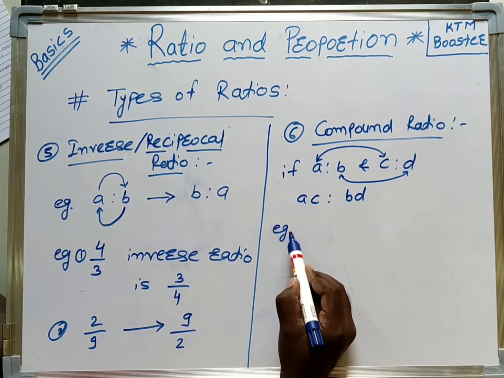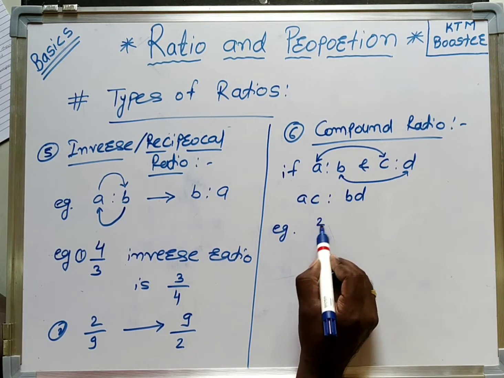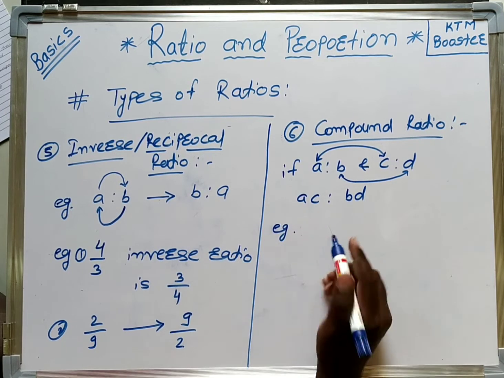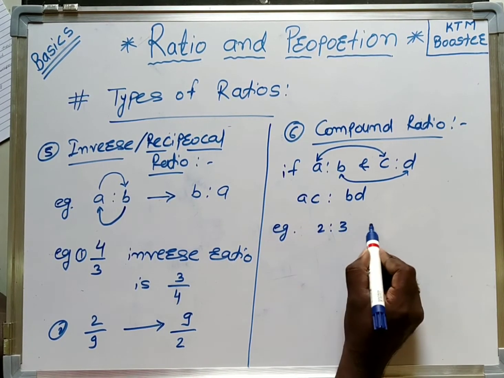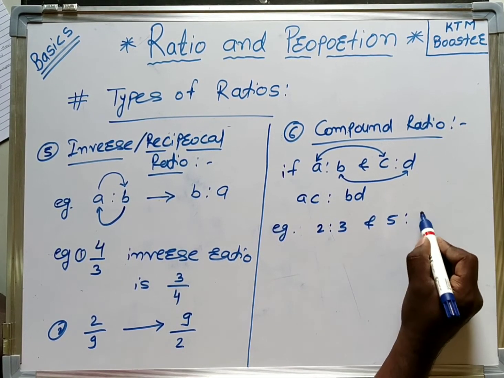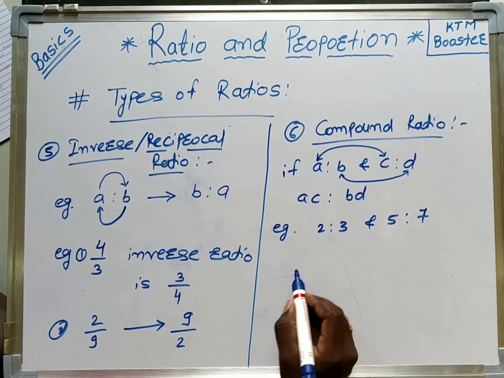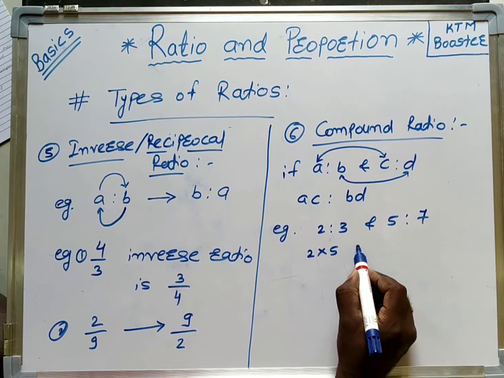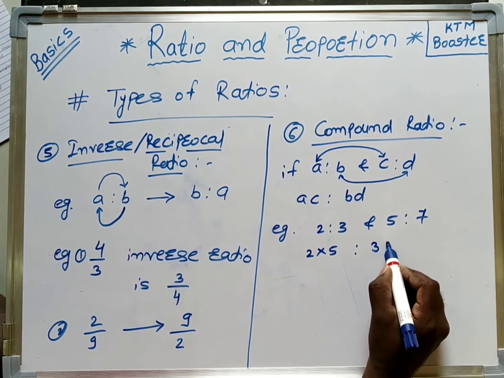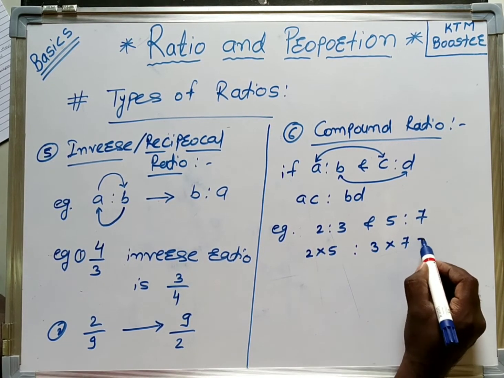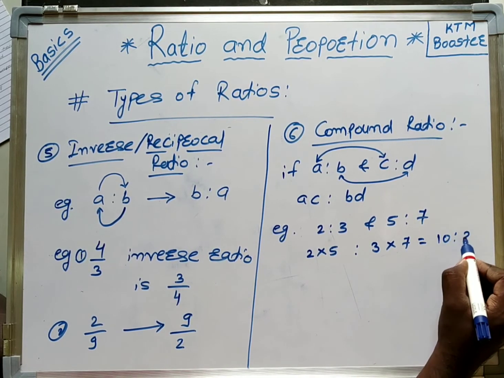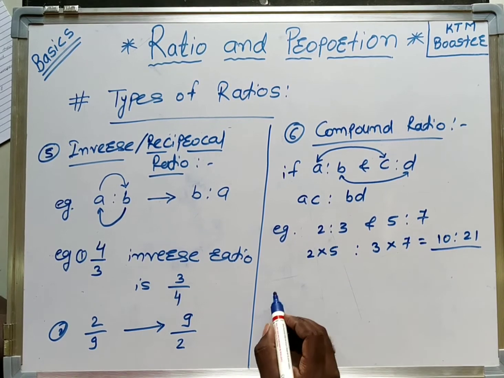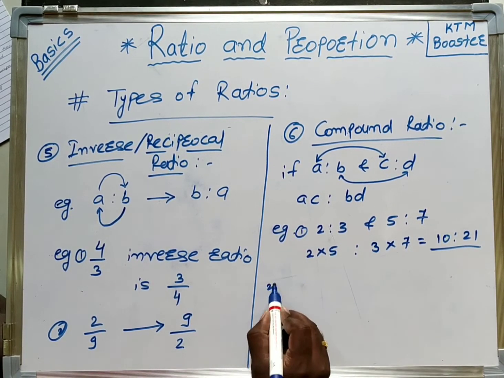For example, if we take 2 is to 3 and 5 is to 7, then the compound ratio will be 2 into 5 is to 3 into 7, that is 10 is to 21, the compound ratio of 2 is to 3 and 5 is to 7. This is the first example.